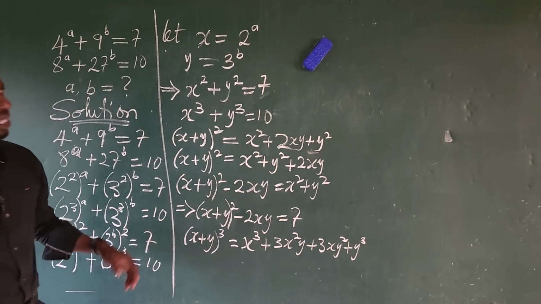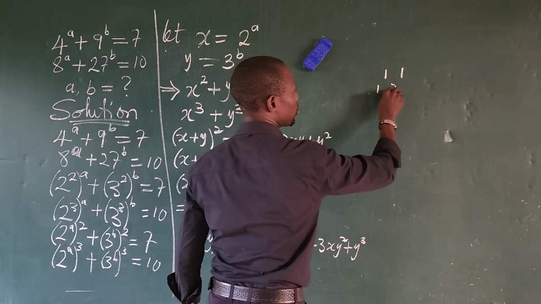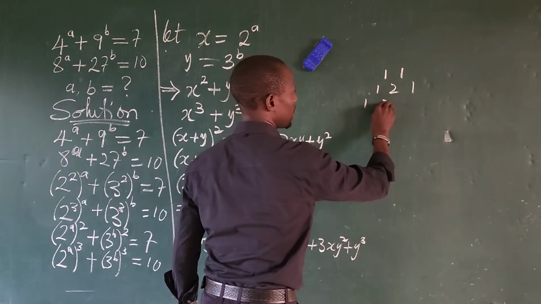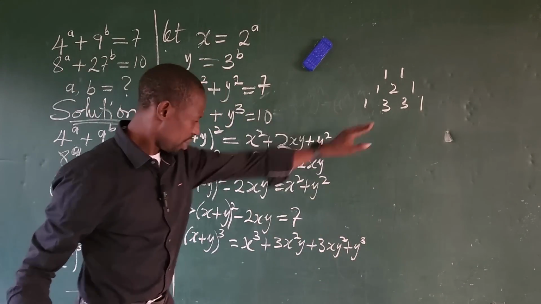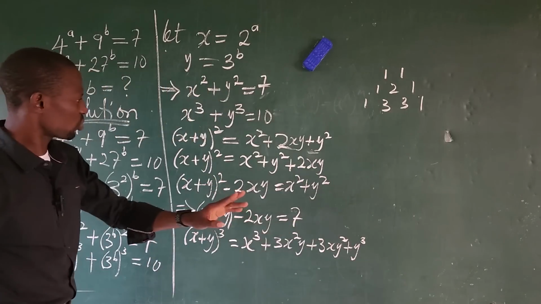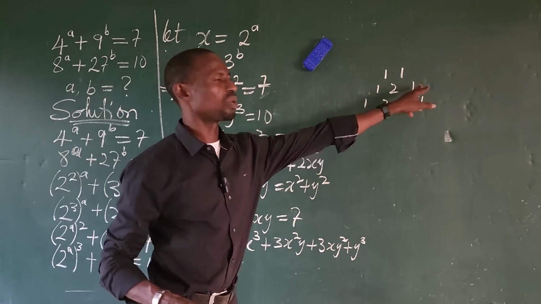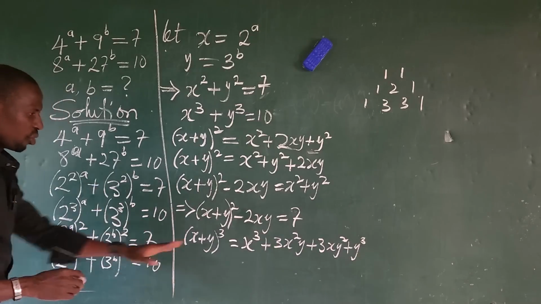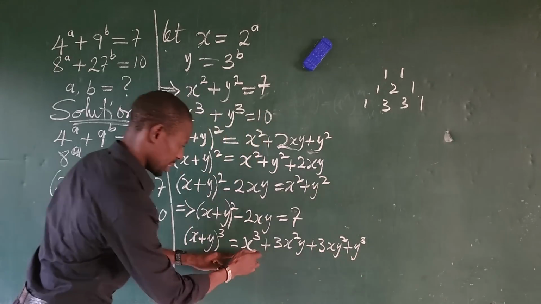Remember this? Look at your Pascal's triangle: 1, 1, then 1, 2, 1, 1, 3, 3, 1. For your third power, look at the coefficients 3, 3. Therefore, the first one we did was 1, 2, 1.